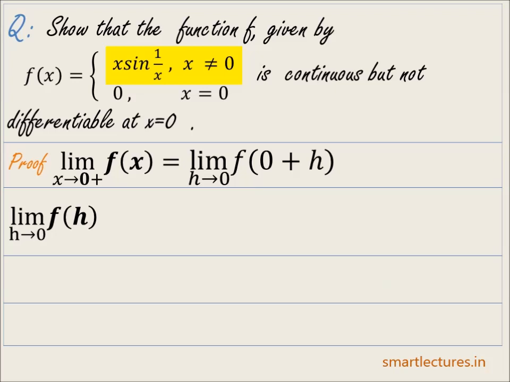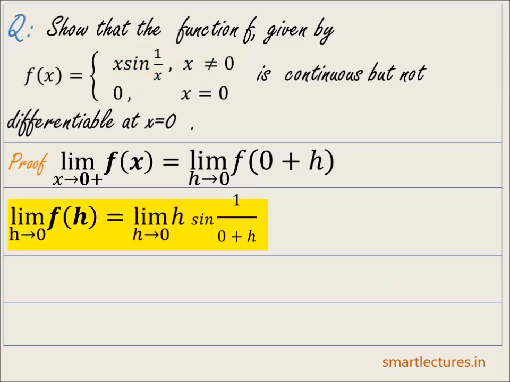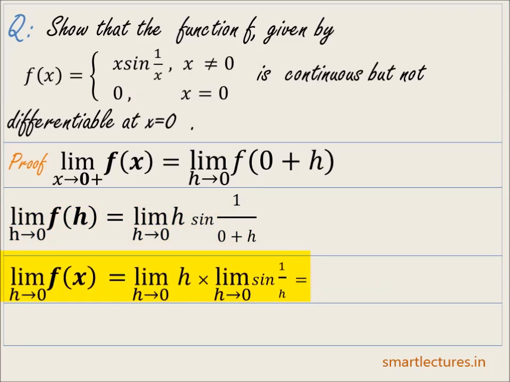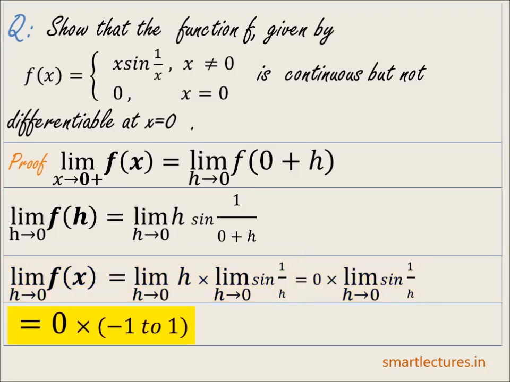So the right hand limit becomes limit h approaches 0 h into sine of 1 upon h, which is again equal to 0 into a number which lies between -1 and 1, and which is equal to 0. So its left hand limit and right hand limit are both equal to 0.